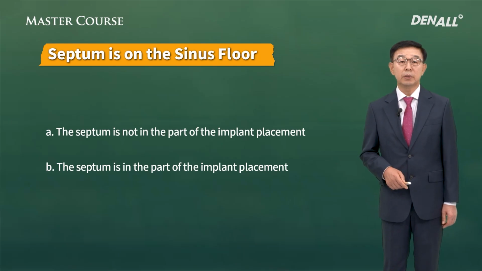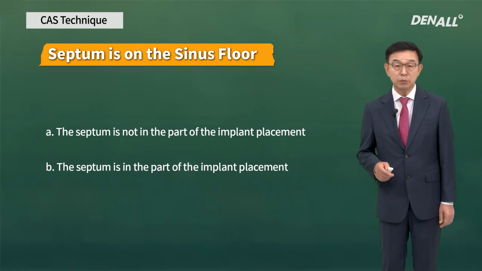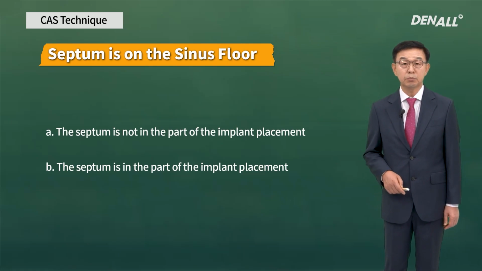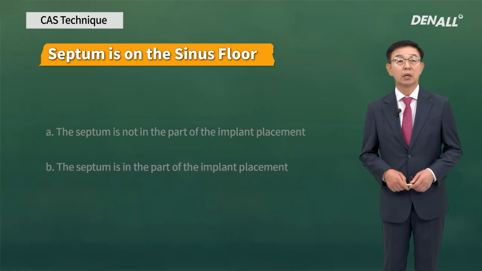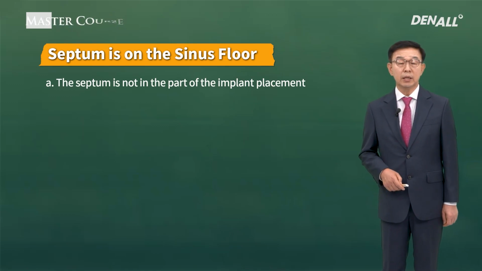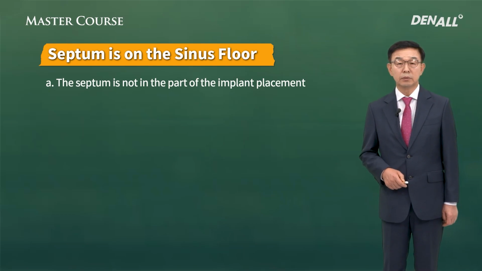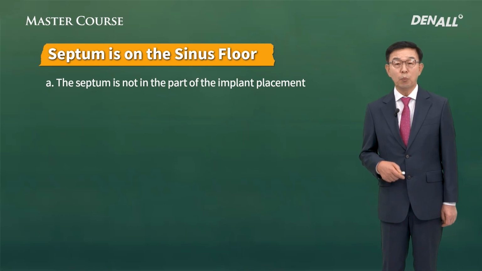The septum can be in the area of implant placement, or it can be somewhere in the middle. If the septum exists in the sinus floor and it is not in the area of implant placement, in other words, the septum can be very high or low.